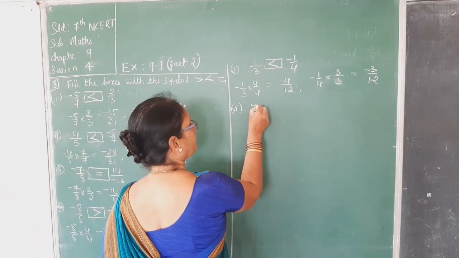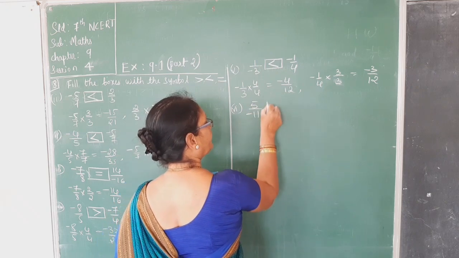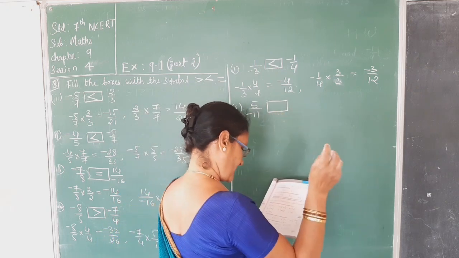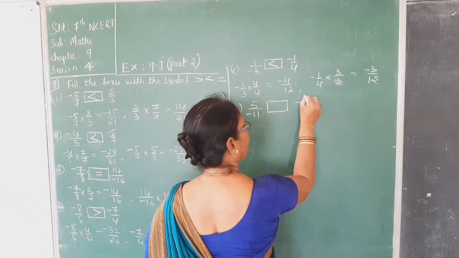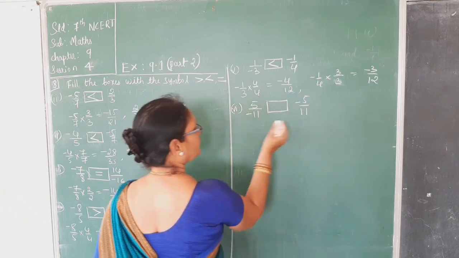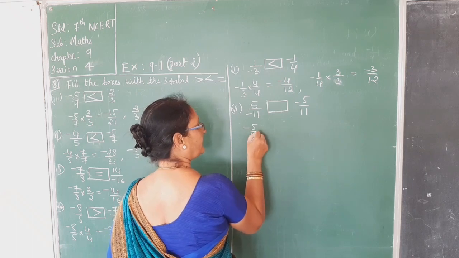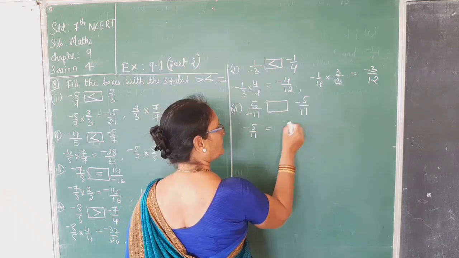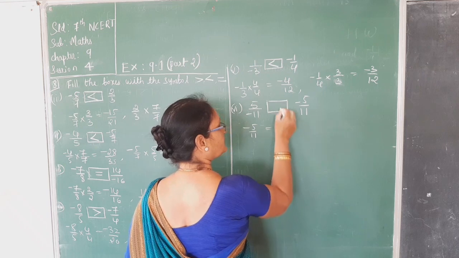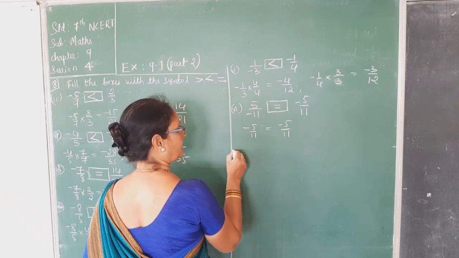5 by minus 11, minus 5 by 11. Here see, both are equal. This is nothing but plus by minus is minus, 5 by 11 is equal to minus 5 by 11. So here the equal to sign will come.